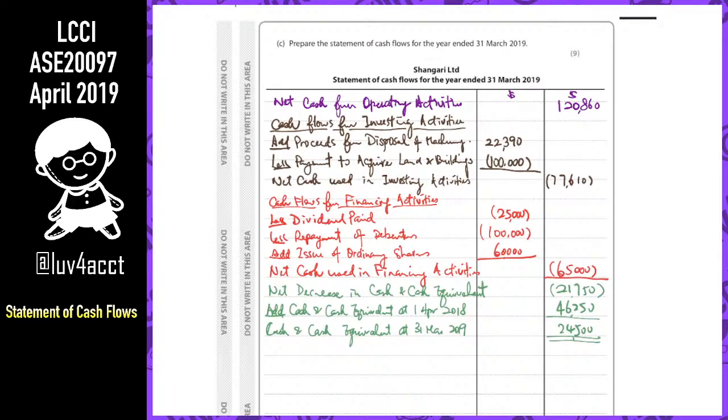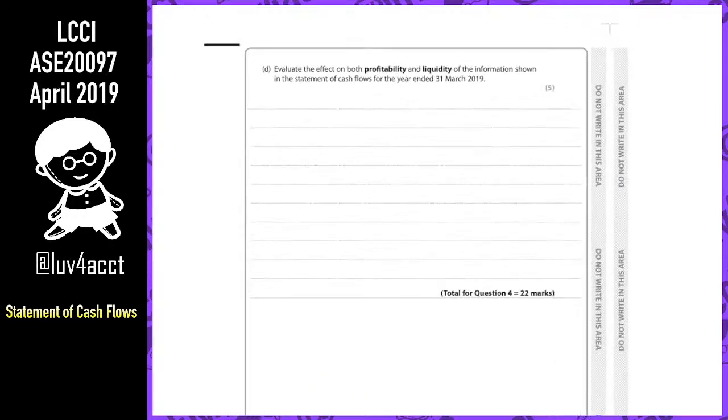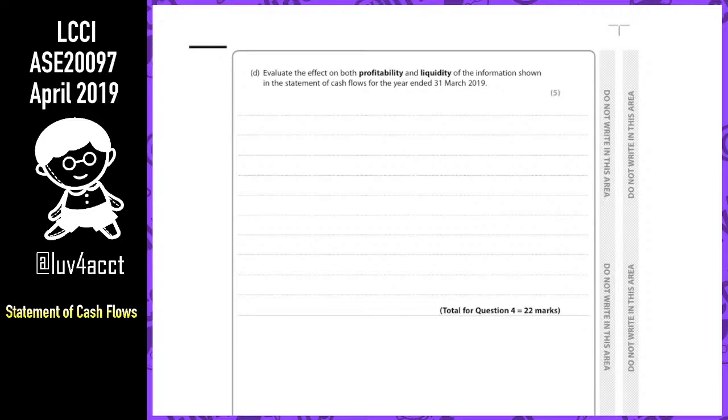Question 4 finished. Question 5 single entry, right? No, we still have 5 points, okay, for the evaluation. Evaluate the effect on both profitability and liquidity of the information shown in the statement of cash flows.